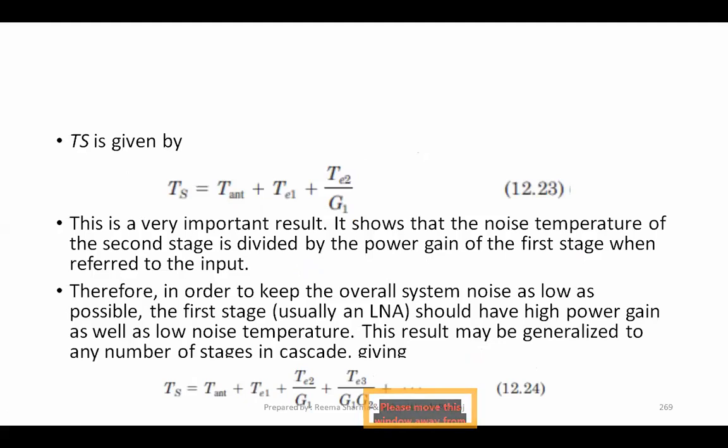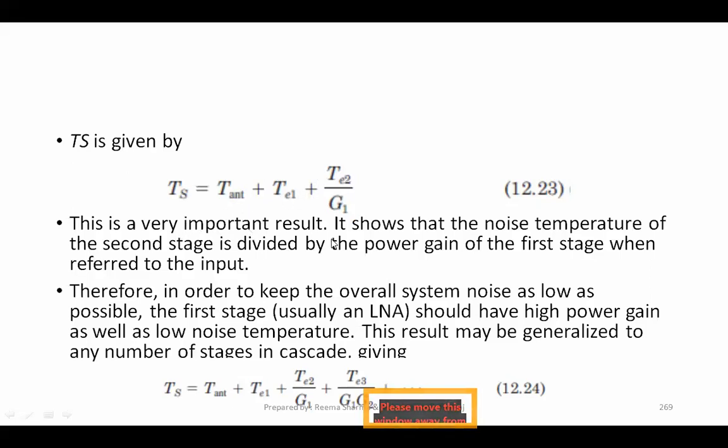T_S now is a combination of your antenna's temperature, the noise temperature of the first amplifier, and the temperature due to the second amplifier divided by the gain of the first amplifier. This is nothing but our noise N naught 1. All these noises are added, because they are all a kind of noise. It's not minus.